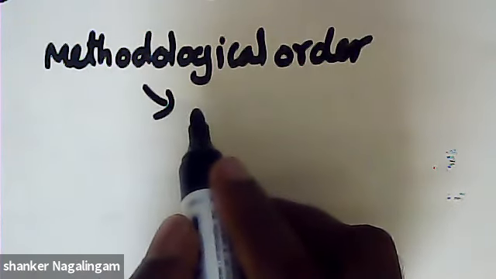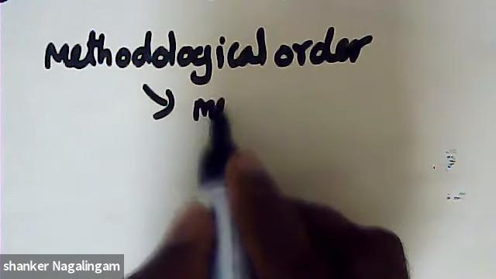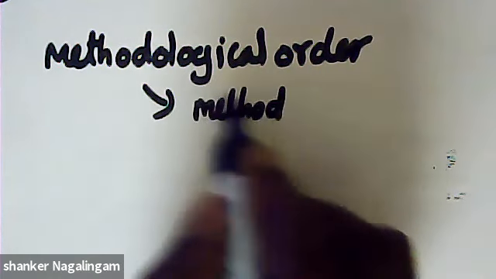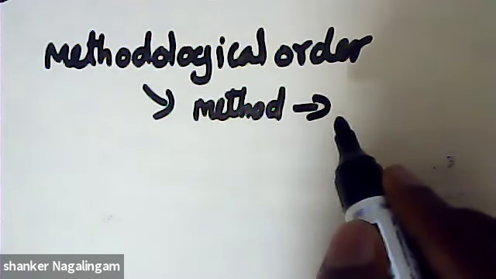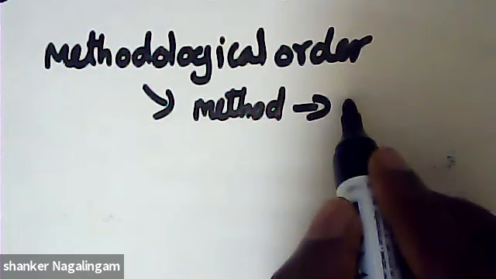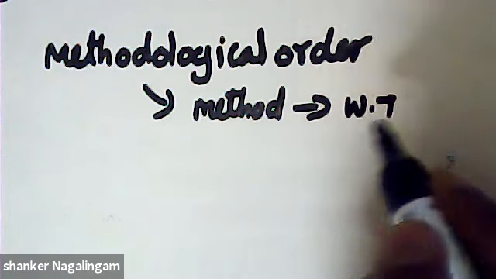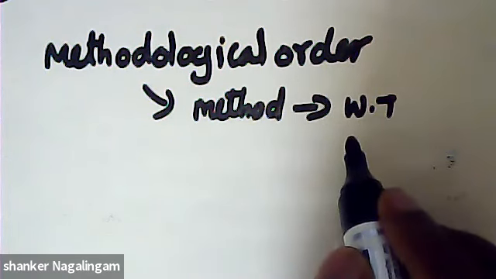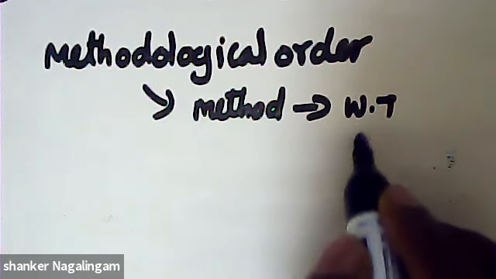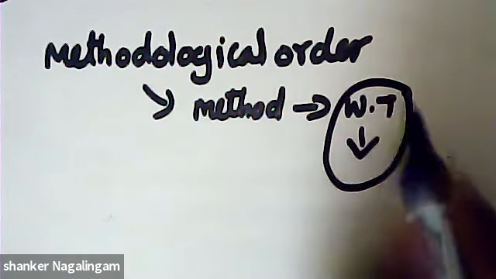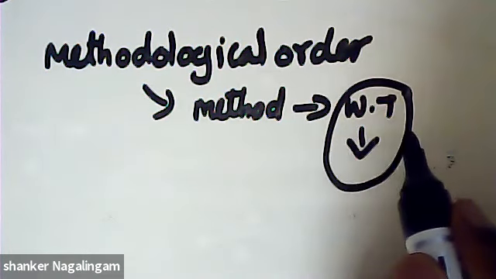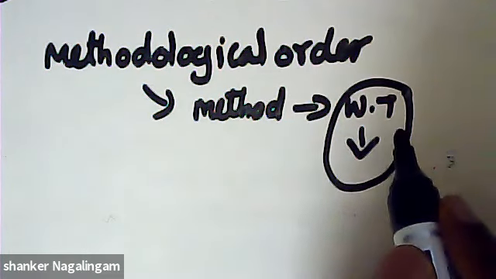If for example you adapt some method, that method has to be explained, how it is being used in your area. For example, if wavelet transform is going to be used in your method, you have to discuss what other methods are there. You have to talk only about the methods, nothing other than the methods. And that is very important.